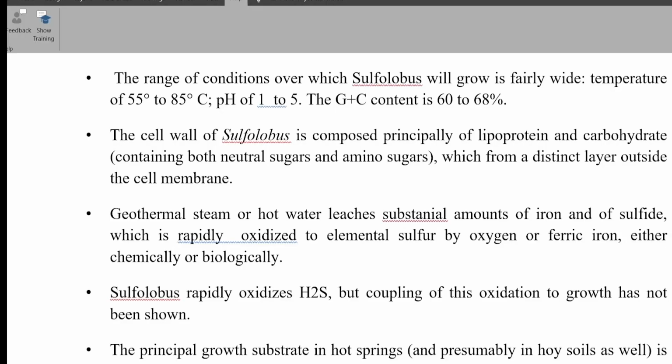Geothermal steam or hot water leaches substantial amounts of iron and sulfide, which rapidly oxidize to elemental sulfur by oxygen or ferric iron, either chemically or biologically. Sulfolobus rapidly oxidizes H2S, but coupling of this oxidation to growth has not been shown in much detail.